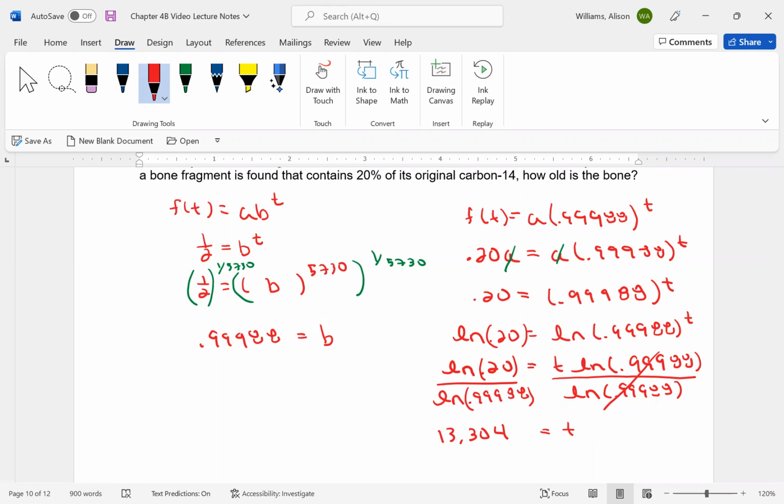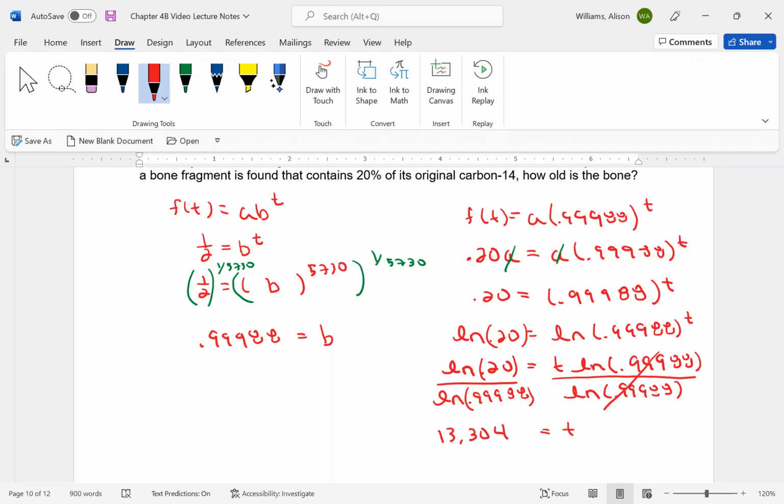Here, I'll plug it in and I can tell you how off it is. 0.99988. Oh, I put in the wrong thing. I used 0.5 instead of 0.2. Couldn't understand why my answer was very, very off. Okay, 13,411. There we go. So it's like 100 years off.